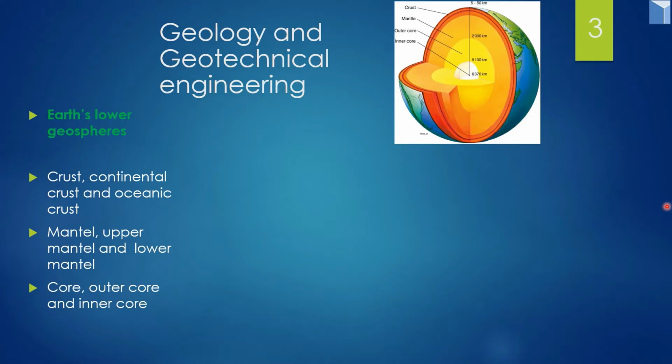The core is under extreme pressure and temperature, and the pressure and temperature there is equivalent to that at the surface of the sun. So we have around 5.6 thousand degrees centigrade at the surface of the sun. The core has such temperature also for the material that it is composed of.